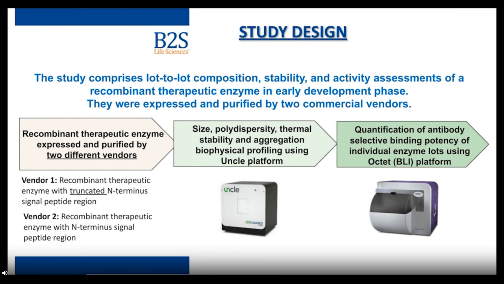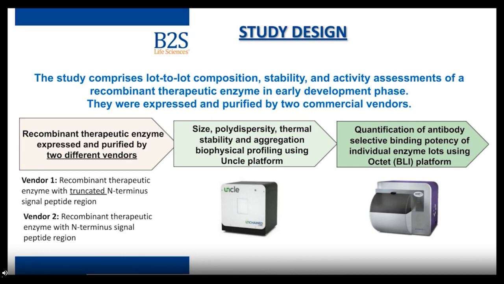So on the composition point, we were looking to tell what was in the samples that we received. The stability, we wanted to examine based on how well the enzymes would respond to stresses.